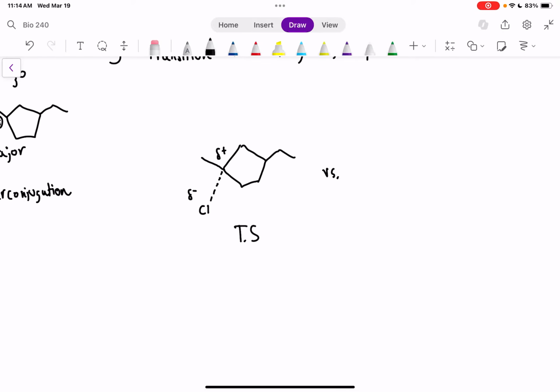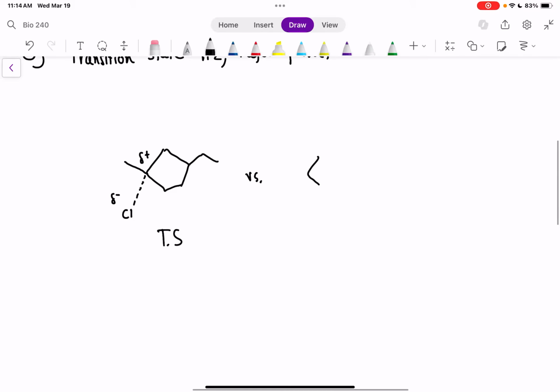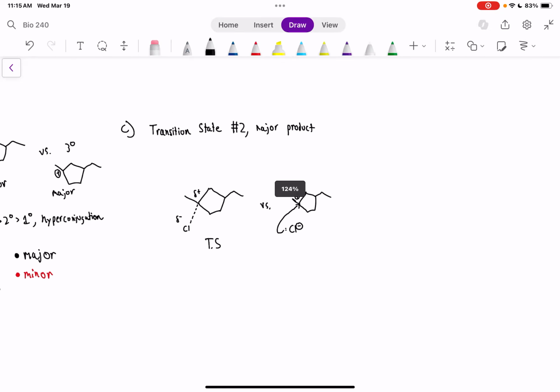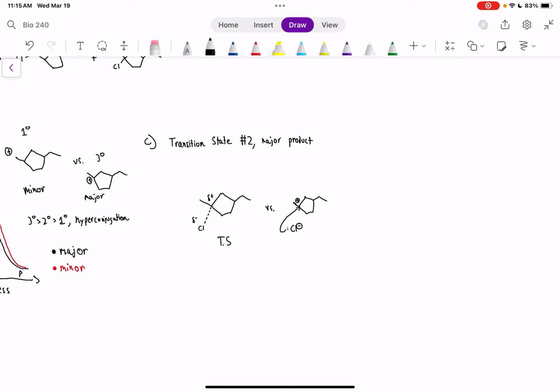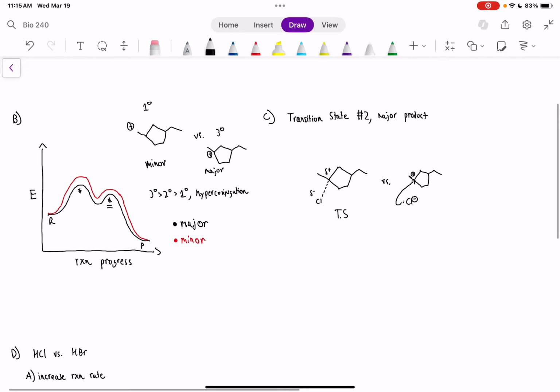And if you compare this to where our intermediate was, we had a fully formed carbocation and a Cl minus anion. And through this mechanism, we show an attack of that carbocation from the Cl anion. And the transition state is the halfway point where our chlorine-carbon bond hasn't yet formed, but is beginning to. That's why I show partial positive and partial negative charges instead of full charges.